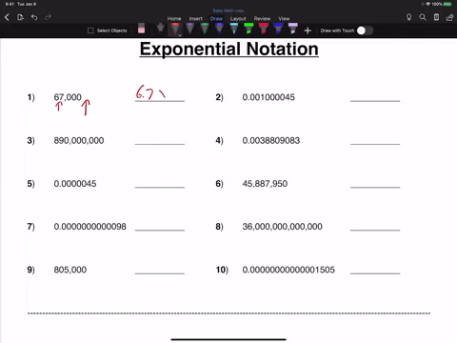Then, of course, you have the times 10 feature, and now all that's missing is the exponent. Well, we know the exponent will be positive in this case because we're dealing with a large number. The size of the exponent, though, is equal to the number of places that the decimal point has been moved. Now, because we already know it's a positive value, we don't need to concern ourselves with which direction we're moving the decimal point.